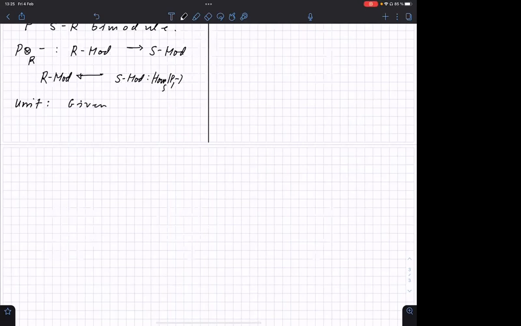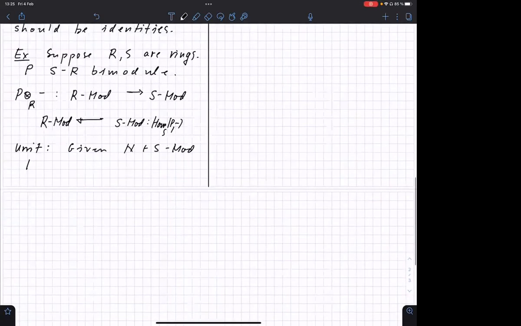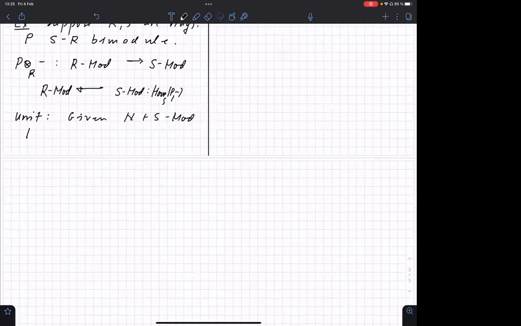So given an S module N, I will have Hom from P to N. Then I can tensor that over R with P.